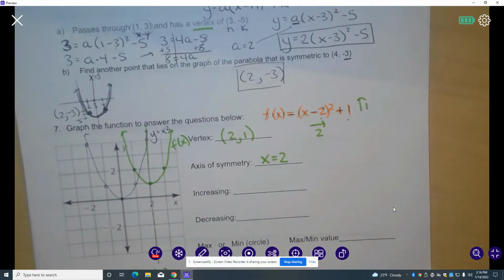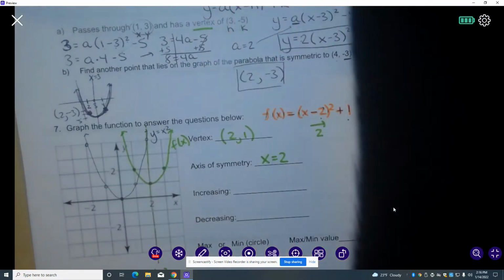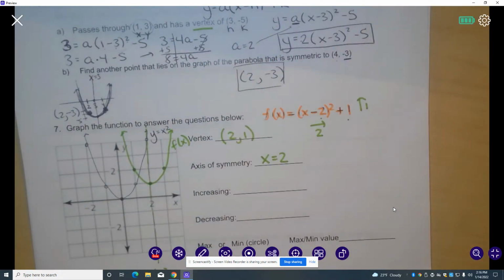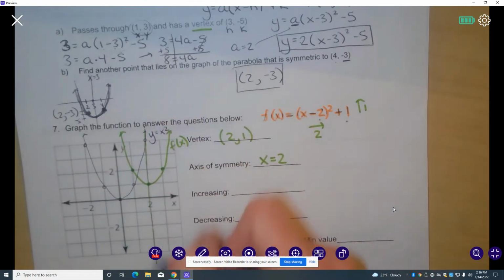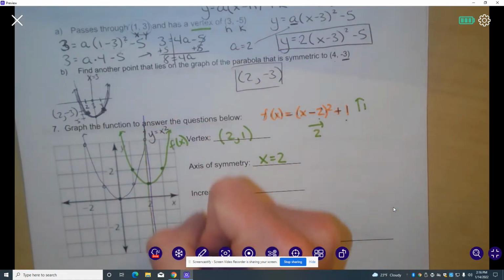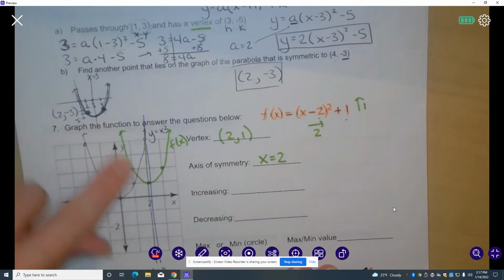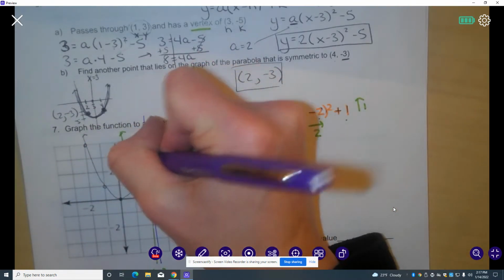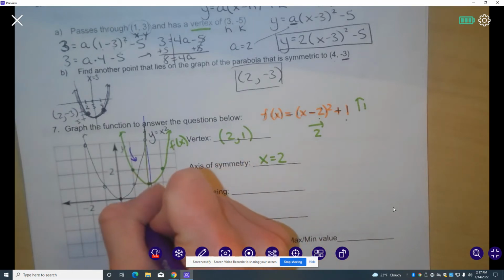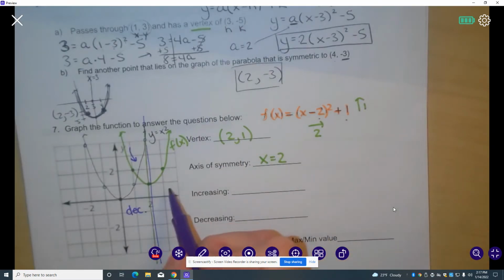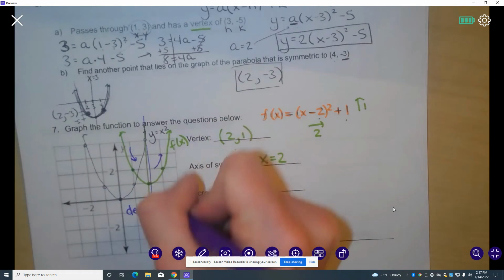It wants to know, where is my function increasing and where is my function decreasing? So it might help to think of breaking your graph up by the axis of symmetry, right? And if you look at your parabola, on the left side of the axis of symmetry, your function is decreasing on this side. And on the right side of the axis of symmetry, your function is increasing.